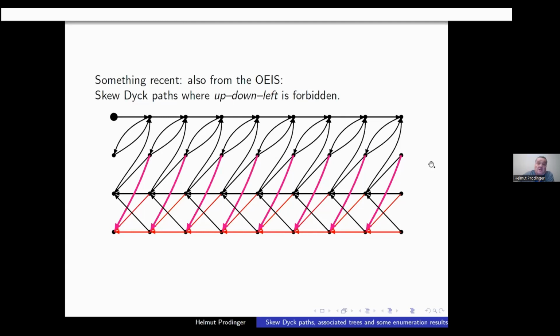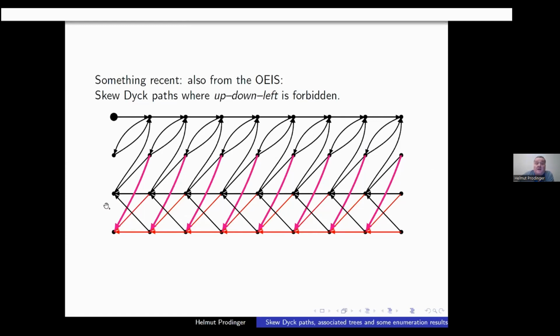So I thought about how we can model this. We have our basic setting, but now we have to be careful about not seeing up, down, left. And for that, I have this magenta type of edges. If they are not here, then we are not allowed to do up, down, left.